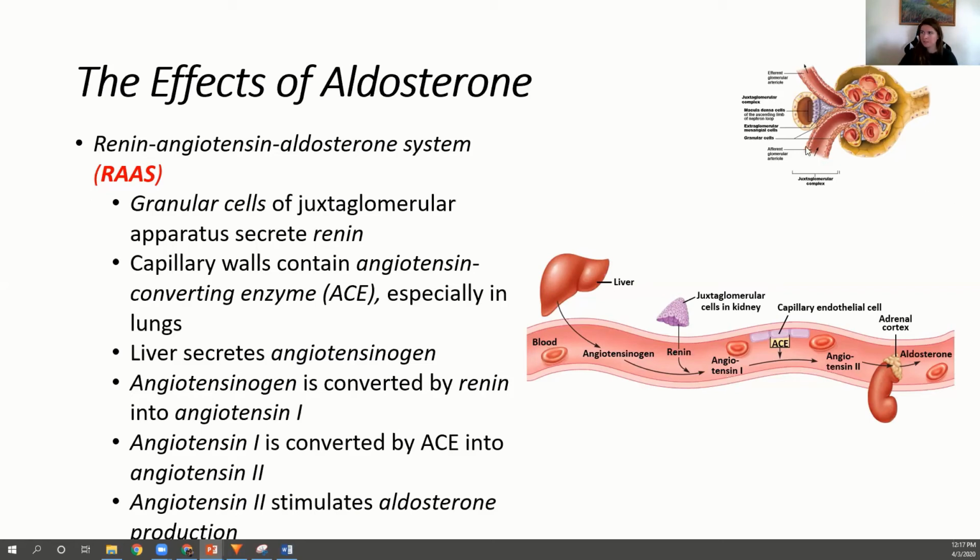But our blood vessels themselves, so the afferent arteriole, also has a special type of cell in it. Our afferent arteriole that's passing by the macula densa cells in this tubule has something called granular cells. These are special cells in that afferent arteriole going to the glomerulus that secrete renin.